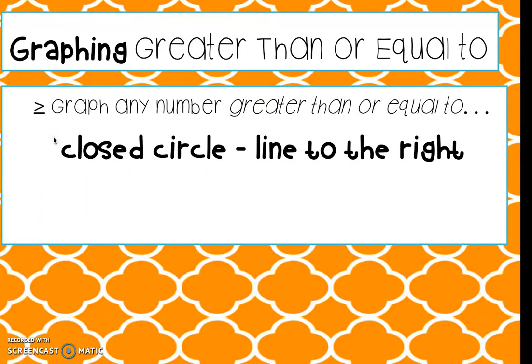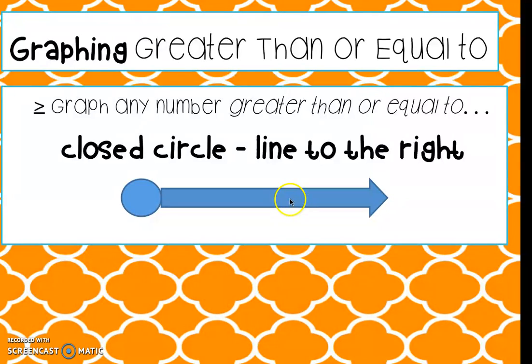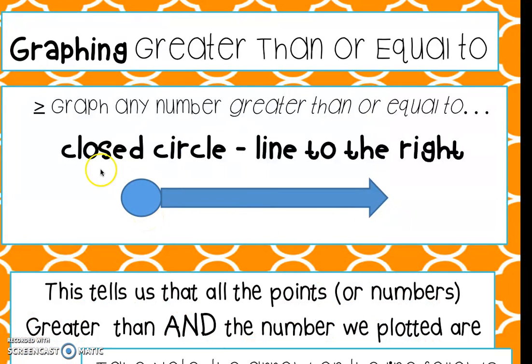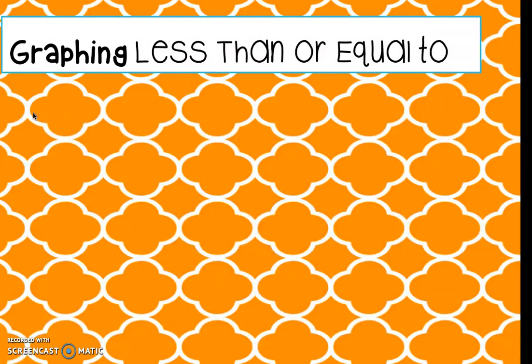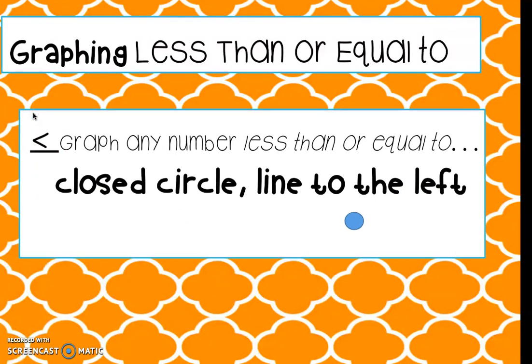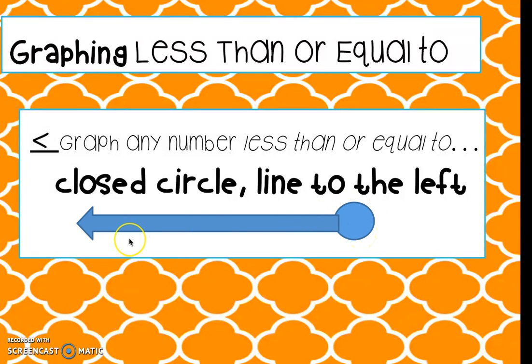We have a closed circle with a line to the right, and that tells us it can be this point or anything greater than that. To represent that it could be equal to that point, we just fill in the circle. Again, the arrow follows the arrow of our inequality symbol. Graphing less than or equal to is a closed circle with a line to the left. It's saying it can be this point or anything less than that.